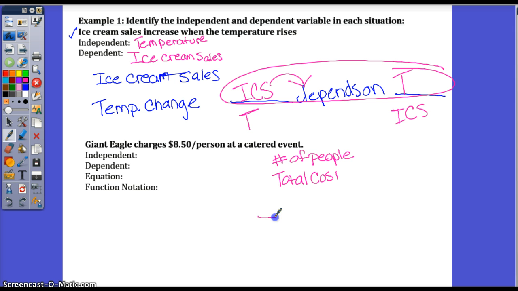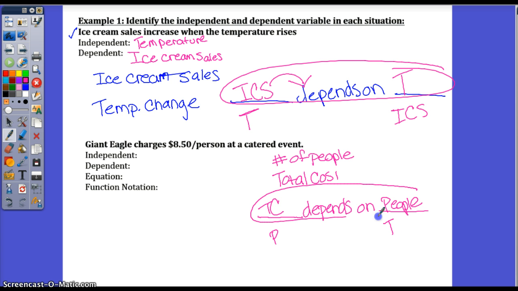So would we say that your total cost depends on the people, or that the people depend on the total cost? I think the cost depends on the people, because if you have fewer people, you're going to have a lower cost. So total cost would be your dependent, and your independent is your number of people.